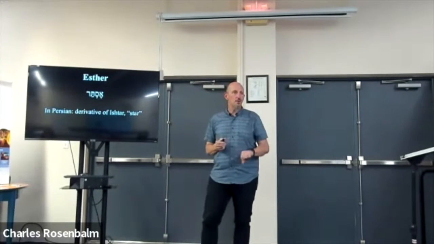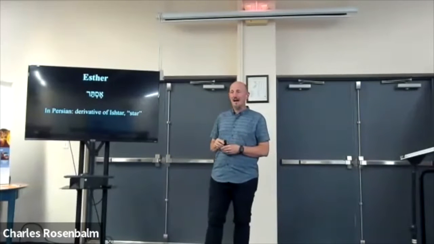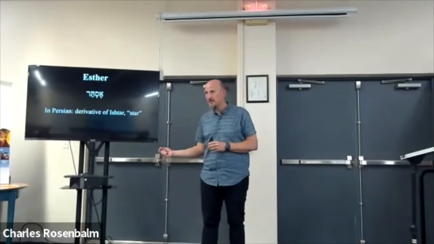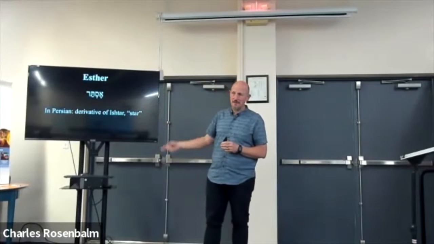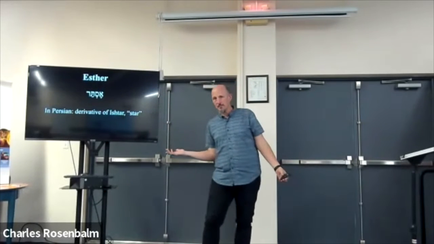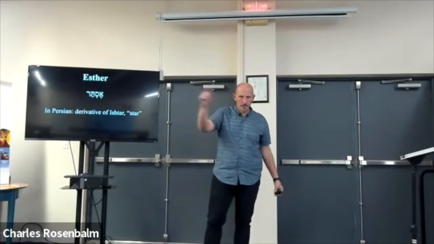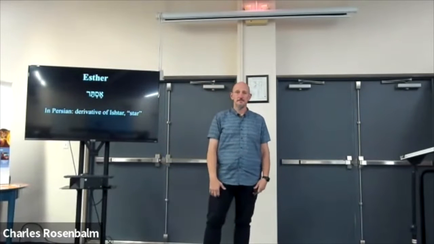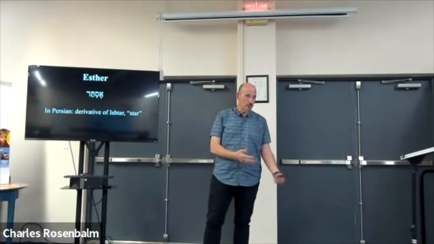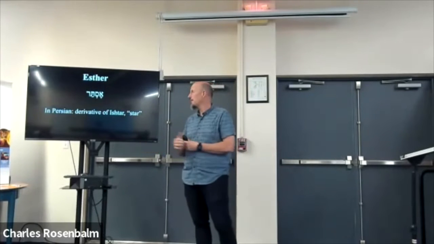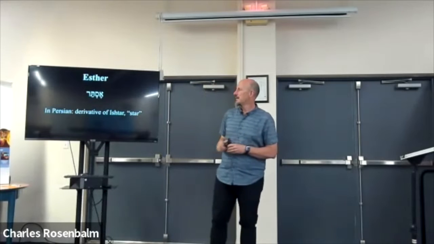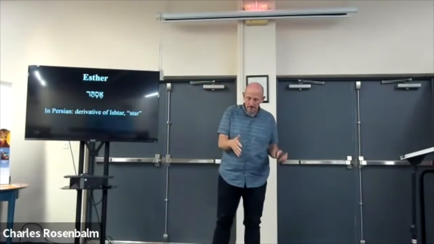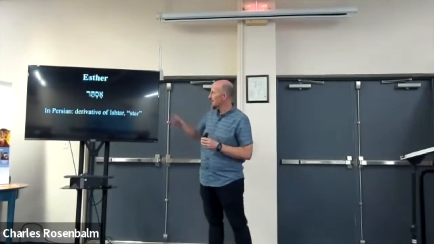And several of those individuals have names given them by the Babylonians in captivity. For instance, Shadrach, Meshach, and Abednego are not their Hebrew names. Their Hebrew names are in the book of Daniel. Daniel is his Hebrew name, but he's given a Babylonian name. And the same thing happens here with Esther. Her Hebrew name, Hadassah, versus her name there.